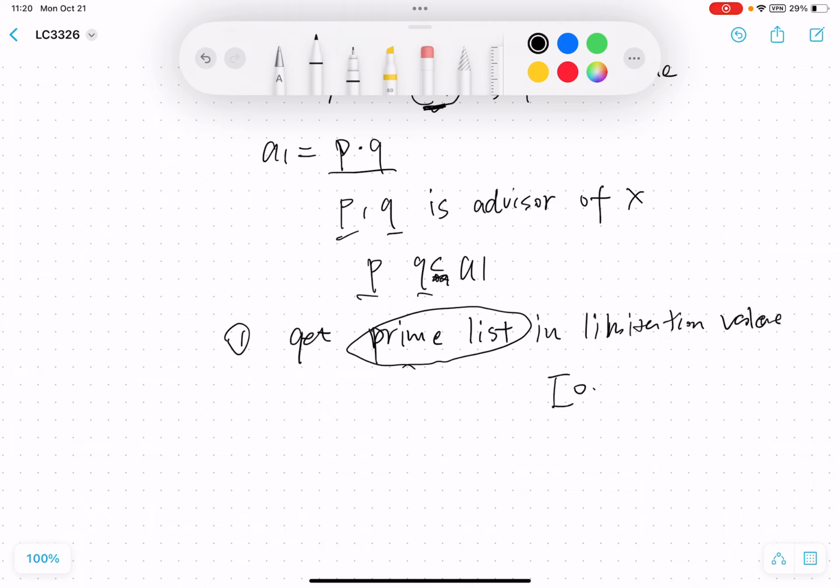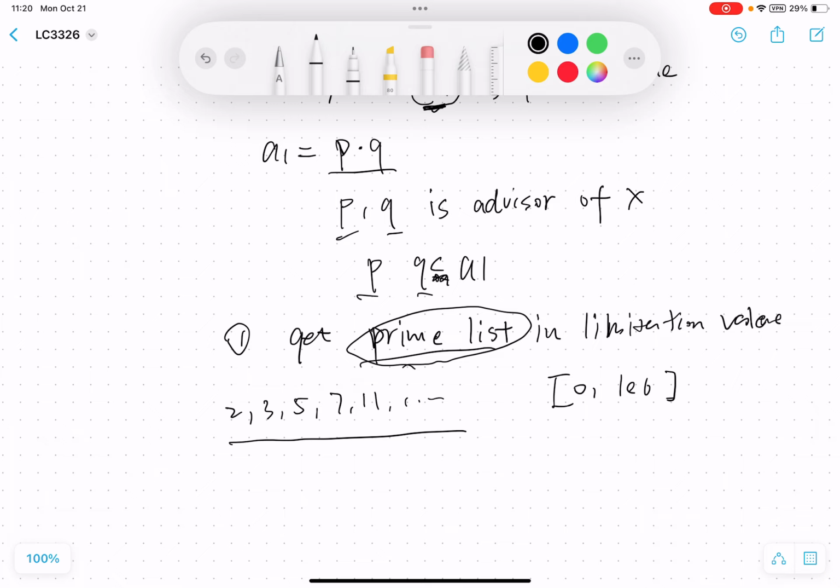That means 1 million, because the limitation of every element in the array is 1 million. For example, the prime list will be 2, 3, 5, 7, 11, and so on.